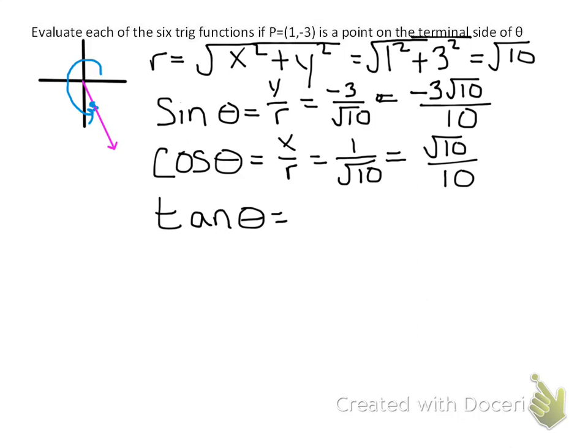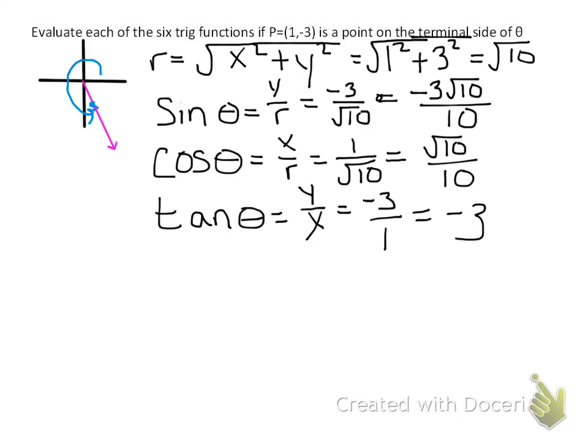So that's why the tangent ratio is y over x. And that's a really important fact to keep in mind because it simplifies so many things. Okay, so tangent of theta is y over x. So we have -3 over 1, which is just -3.